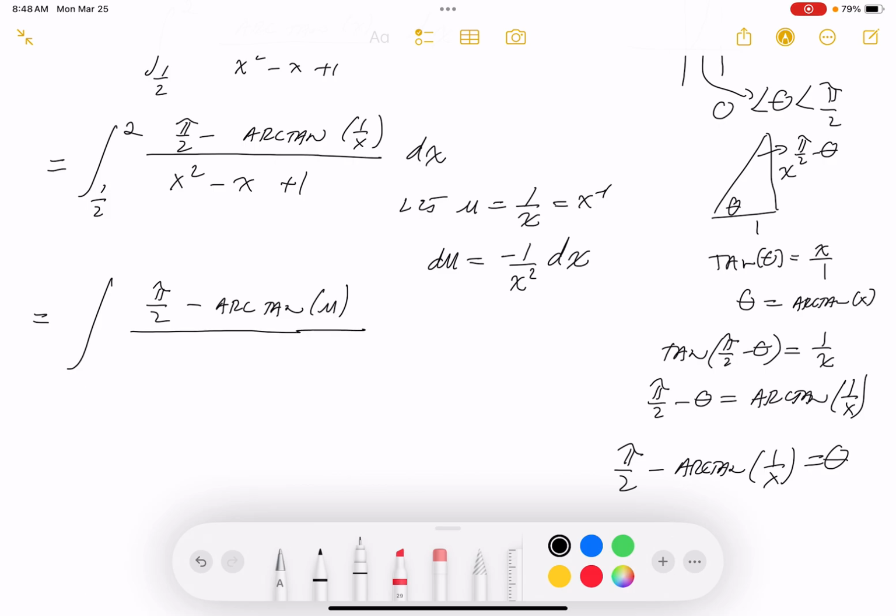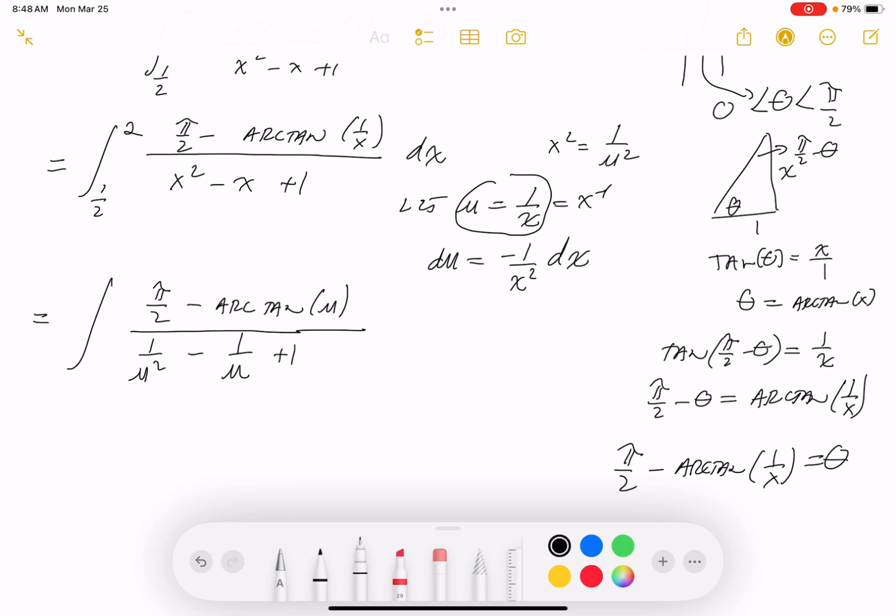Let's see, u is equal to this, so that means x squared would be 1 over u squared. Let me see if I did that right. Yeah, looks good. So 1 over u squared minus 1 over u plus 1.